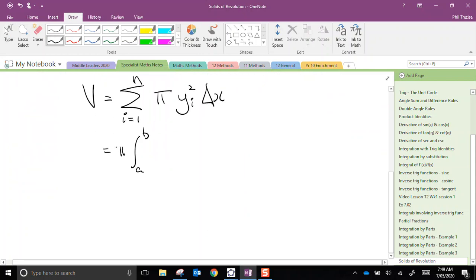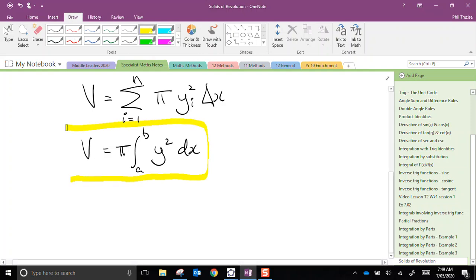The pi is a constant, so we'll normally write that at the front, and then it becomes y squared dx. That's the formula for a volume of revolution. Now we've rotated about the x-axis, so we must write that this is rotation around the x-axis.